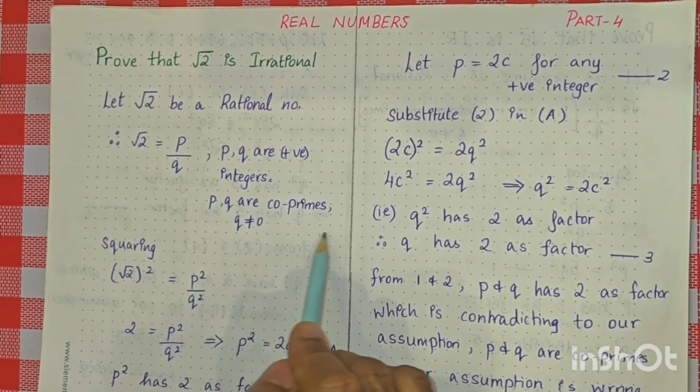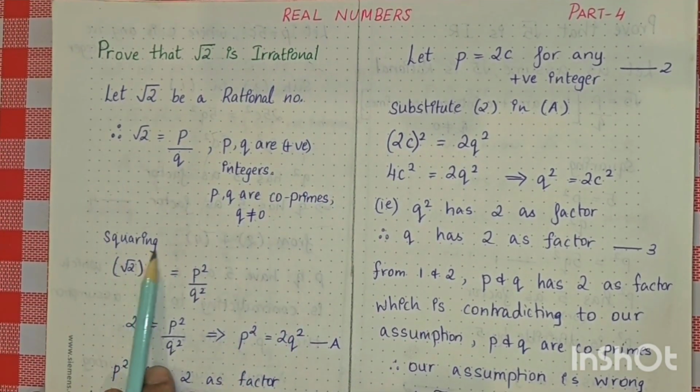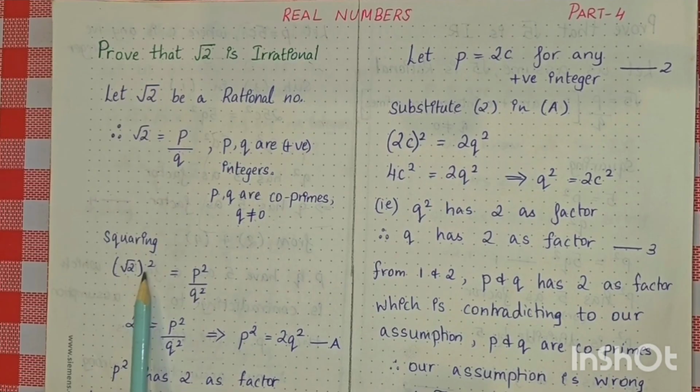Now squaring on both sides, you will get root 2 the whole squared is equal to p squared by q squared. Root 2 the whole squared means root 2 into root 2, which is 2, equal to p squared by q squared. Cross multiplying, p squared equals 2q squared.